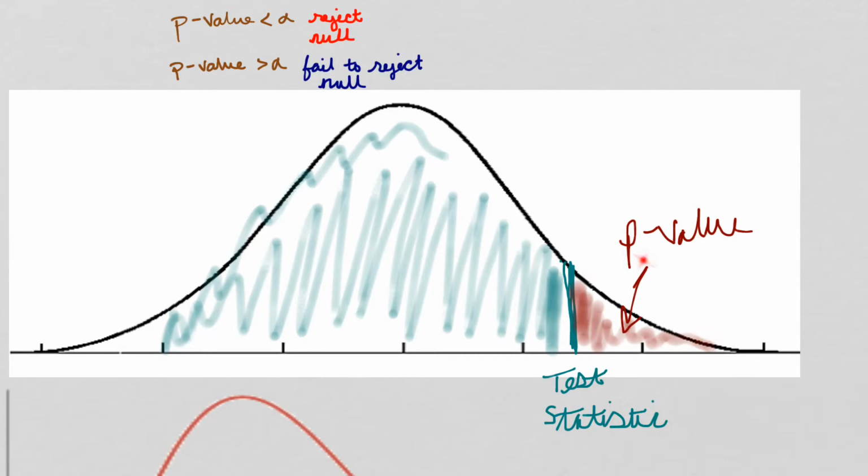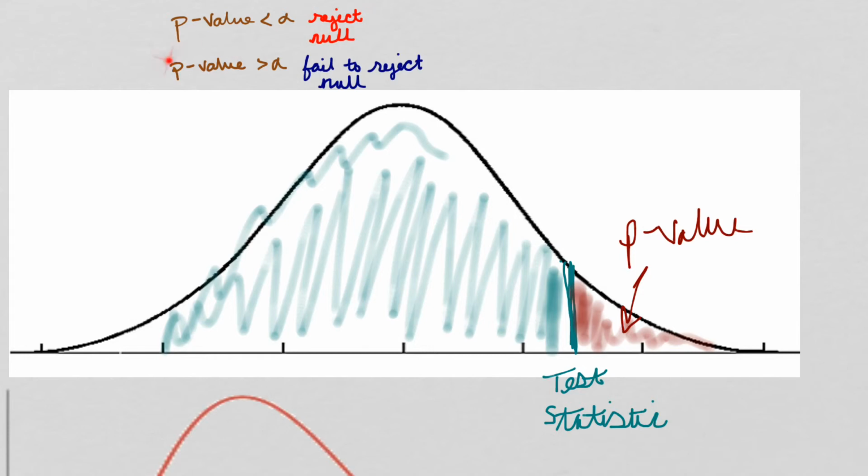If our p-value is inside this area, meaning it is less than our alpha, that means it's cause for concern because something that we thought was going to be incredibly unlikely has occurred, which is not a good thing. So in the event that our p-value is smaller than our alpha, we reject the null. We say the null hypothesis was incorrect.